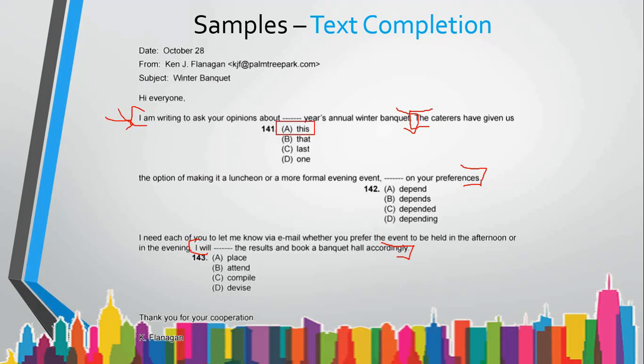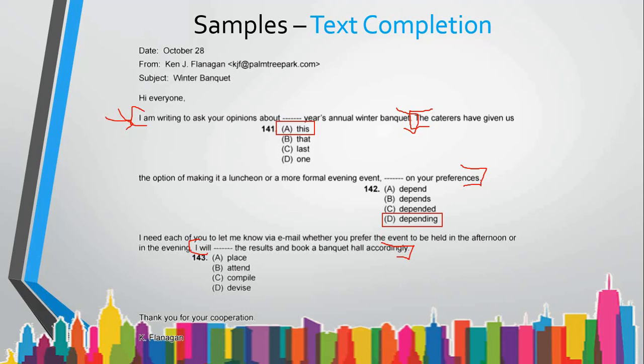Then it says, the caterers. If you need to Google this word, well, do it right now. The caterers have given us the option of making it a luncheon or a more formal evening event, depending on your preferences. The right answer is depending.